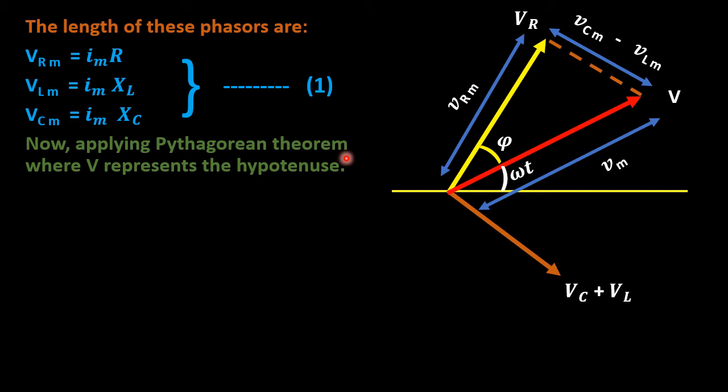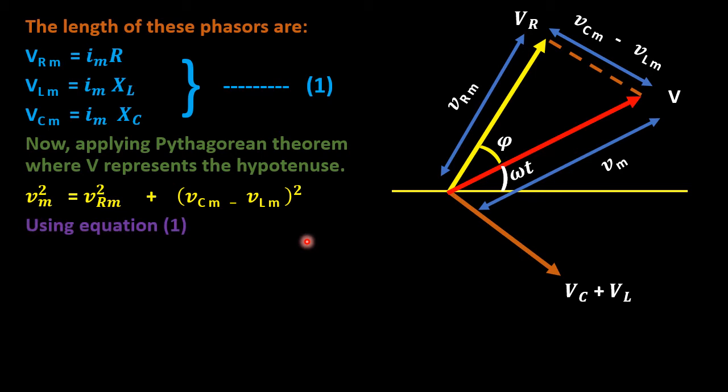So hypotenuse here is Vm. So Vm square equals VRM square plus VCM minus VLM whole square. On the right hand side, we replace this VRM, VCM and VLM using equation number 1. So Vm square equals (Im R) whole square plus (Im XC minus Im XL) whole square.